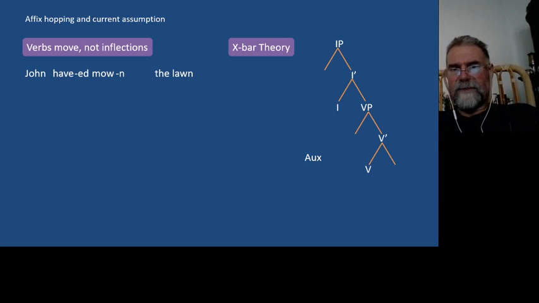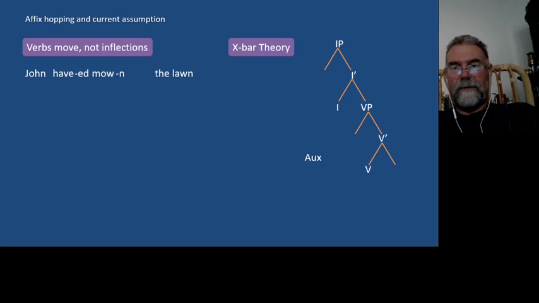Well, let me first rule out the most obvious possibility, that it goes into that extra specifier position there inside the verb phrase. There are a whole bunch of reasons why we don't want to assume that. One is because the auxiliary would seem to be just a word, and that specifier position is actually a phrasal position. So we don't want to put words in phrasal positions or phrases in word positions. Words go in word positions.